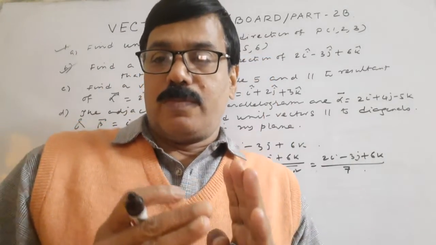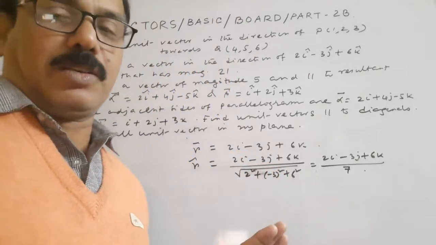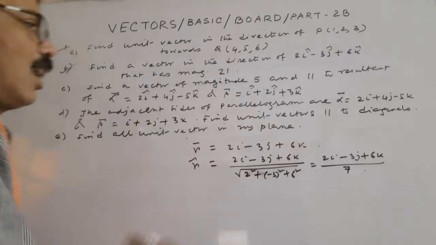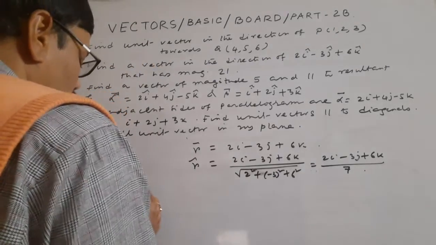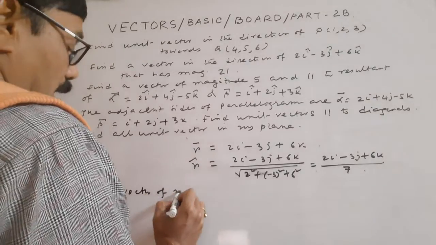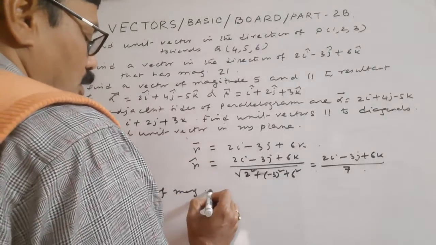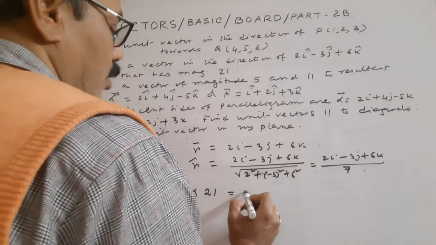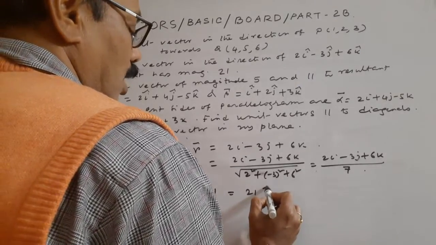So you first find the unit vector, then multiply it with 21, a scalar multiple. So the vector of magnitude 21 equals 21 into r cap.